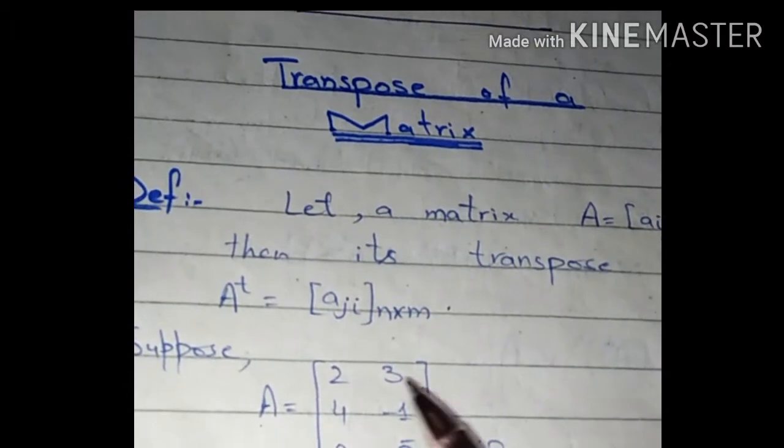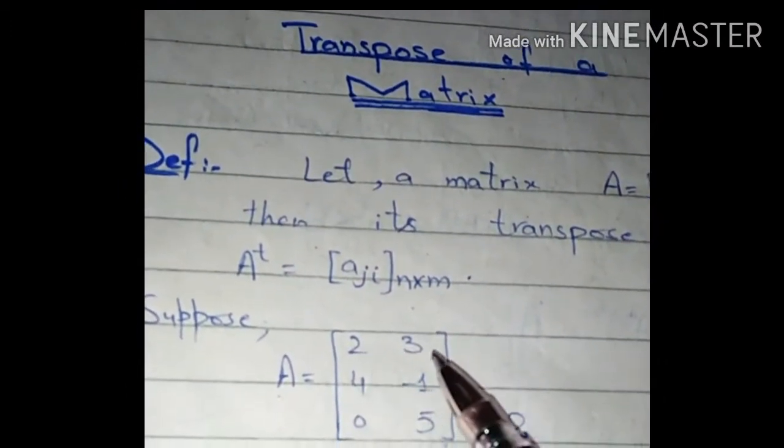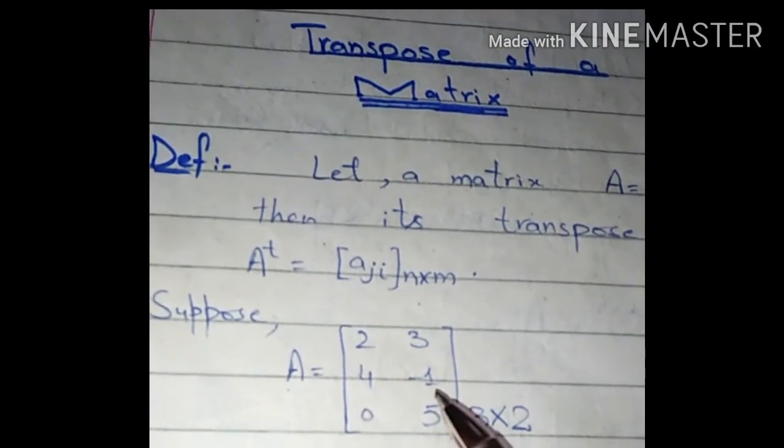So A is equal to, first of all, rows we count: 2, 3, 4, minus 1, 0, 5, and order is 3 cross 2. Then we can interchange rows into columns.